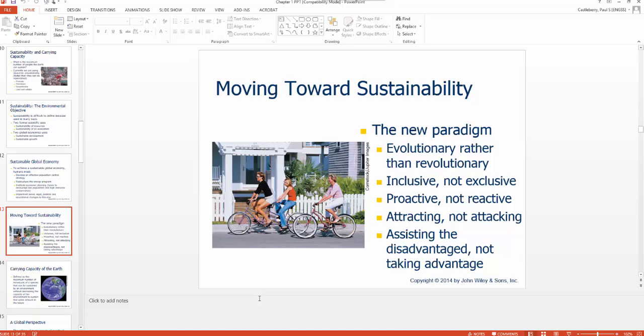Focused on attracting people, not attacking them, and of course assisting the disadvantaged and not taking advantage of them. So those are the things that we could do to move towards sustainability. And I think we are making incremental steps to that.